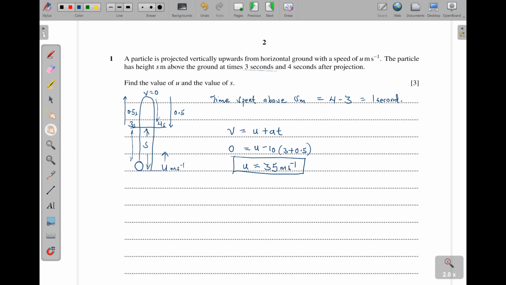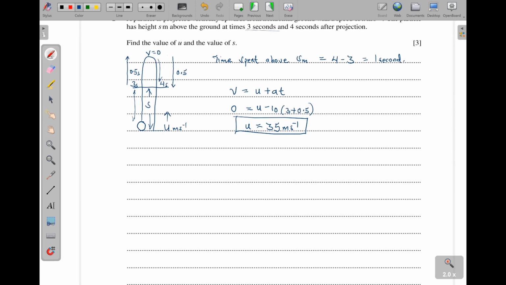Then next, we are supposed to find the s. Now, I can use s is equal to ut plus a half at squared, because I know the time taken to cover this s, which is 3. So that means I will get our u we have gotten, which is 35, then times the 3, then plus a half.